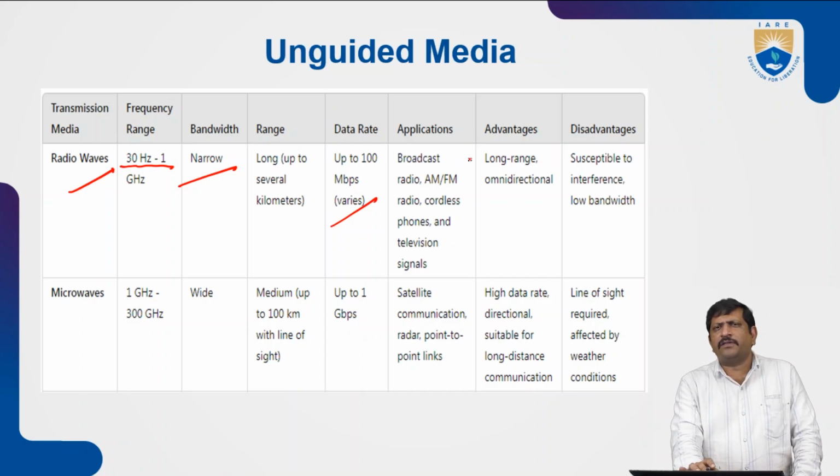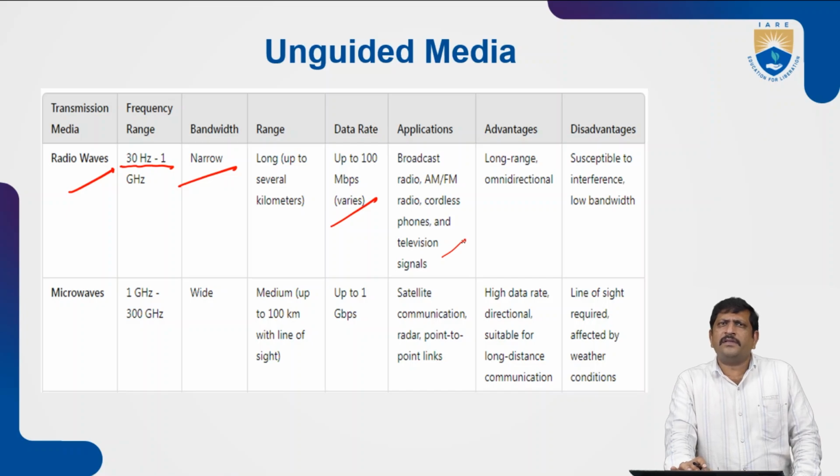Generally these radio waves can be applied in broadcast radios, AM and FM, amplitude and frequency modulations, radio and cordless phones, and television signals. So these are all the applications.